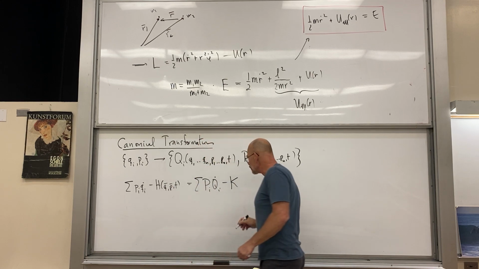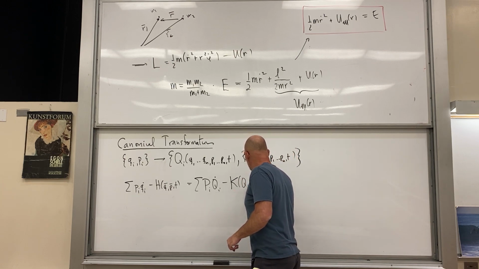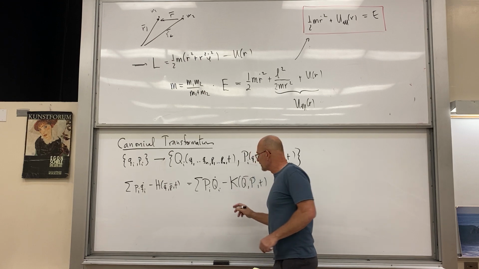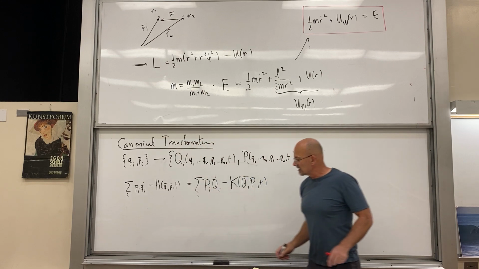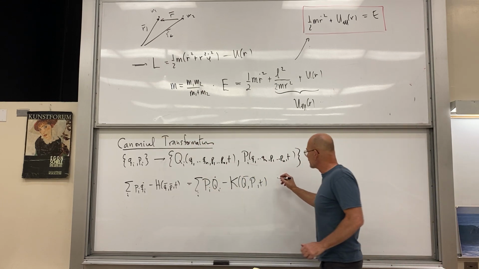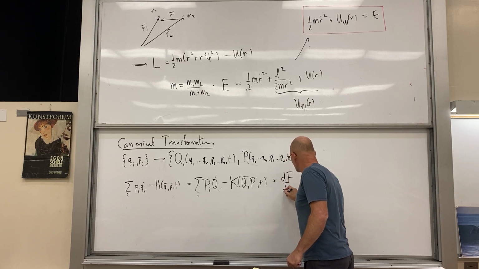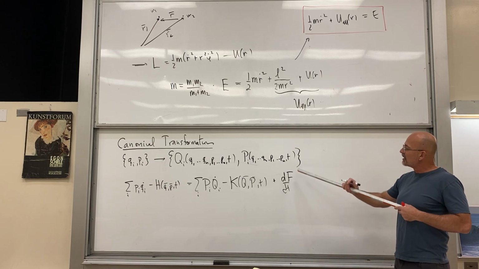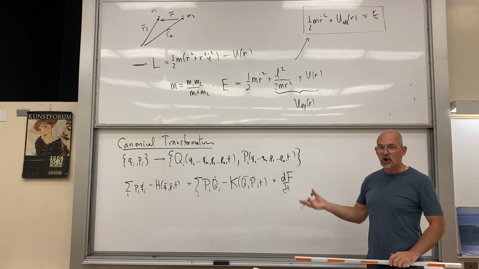And this is going to be the new Hamiltonian, we'll call it K. And for these two objects to be equivalent, they have to differ by a complete time derivative of some function of any combination of all these coordinates, old and new, because they're all coordinates.